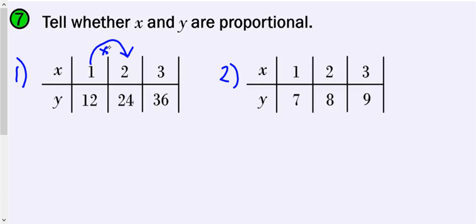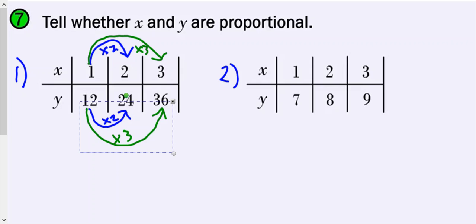That would be times 2. If they are proportional, then the bottom should have the same multiplication. 12 times 2 would be 24, so that works. Now we'll look at the next set. We have 1 times 3 to get to 3, and 12 should be multiplied by 3 to get to 36. That is true, so we do have a proportion here.